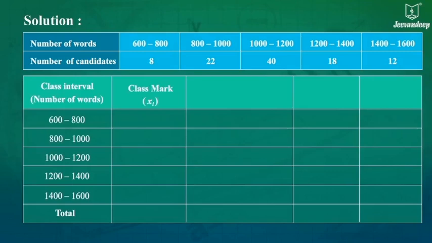In column 2, corresponding class marks, that is, xi's, are written. Take a equals 1100. In column 3, di's or deviations are written where di equals xi minus a, that is xi minus 1100.